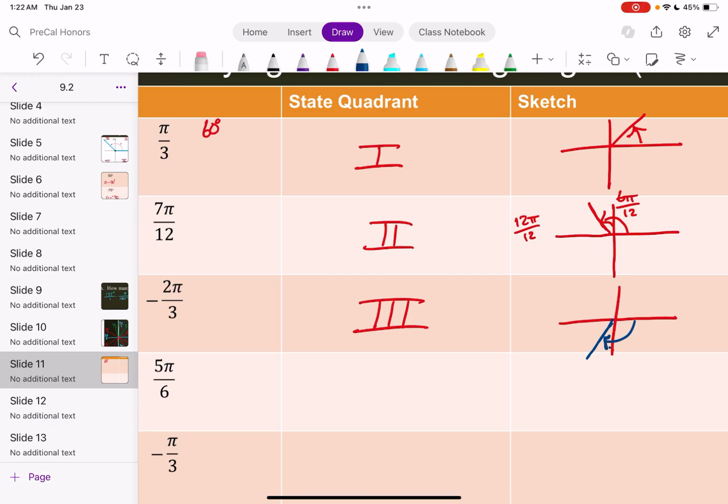Because it's negative, we go downward until we hit that line. 5 pi over 6, keep in mind, that would be the equivalent of our 30-degree family. Even if you're not 100% sure, you graph it out. This would be 6 pi over 6. This would be 3 pi over 6. So you know that 5 pi over 6 would be just about here.